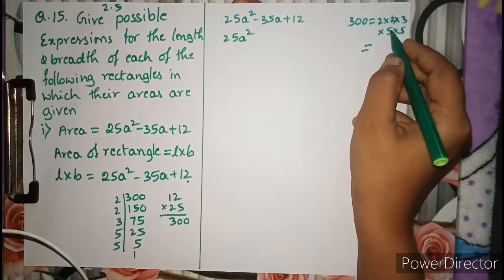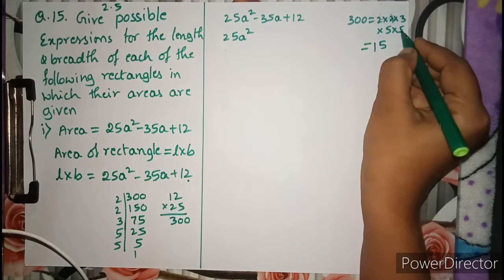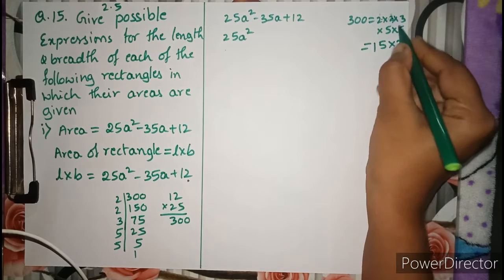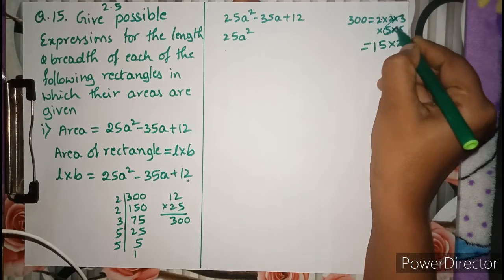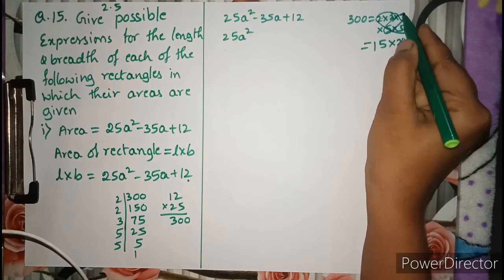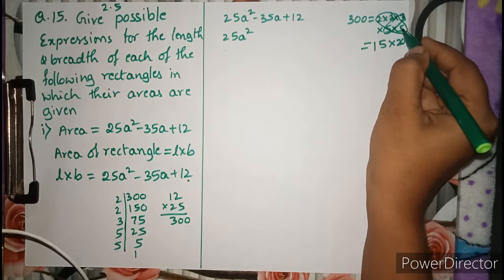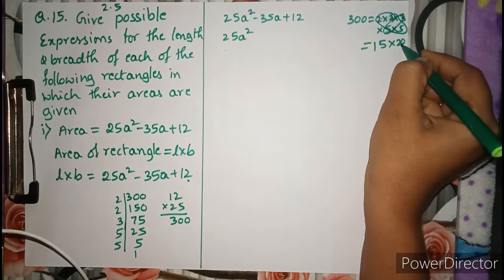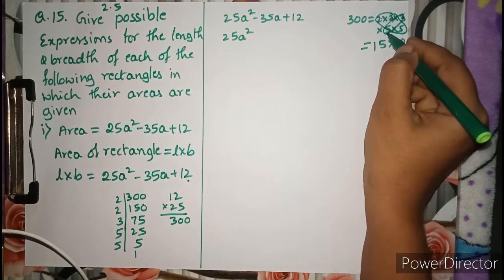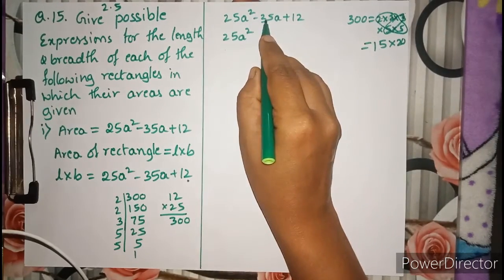So 3 5's are 15 and 2 2's are 4, 4 5's are 20. So I multiplied these two and these 3. 2 into 2 is 4, 4 into 5 is 20, and 5 into 3 is 15. 15 plus 20 is 35.